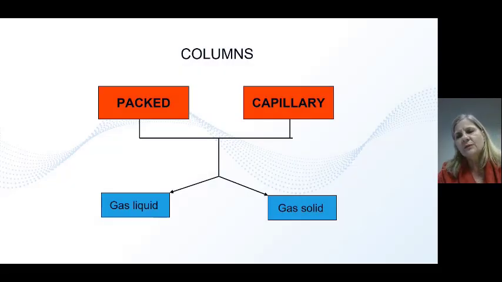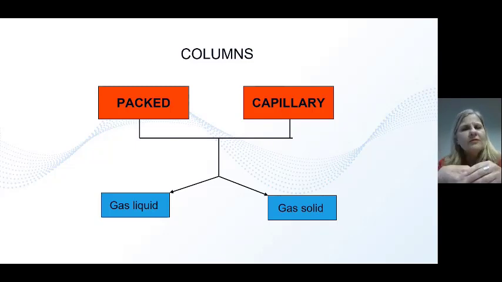So when we look at GC, we have two types of columns. We have packed columns and capillary columns. Now, packed columns and capillary columns, you can either get them as gas liquid or gas solid columns. Packed columns would be a glass column about 5 meters long, with particles packed inside the column.